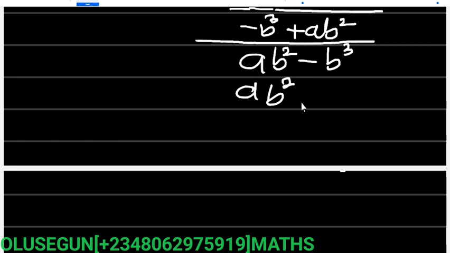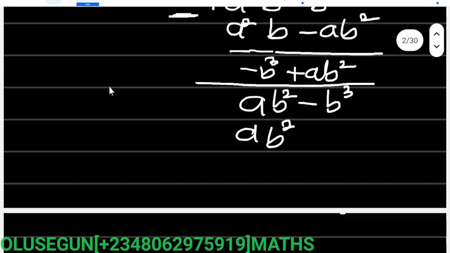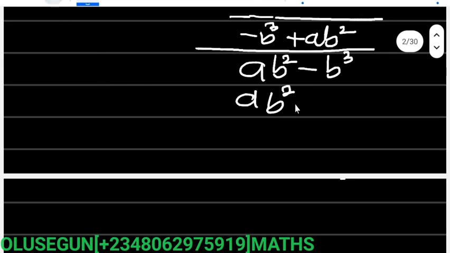Now, our answer there is b square. So you now use minus b from here to multiply plus b square. It will now give us minus b raised to power 3. So we write minus b raised to power 3.